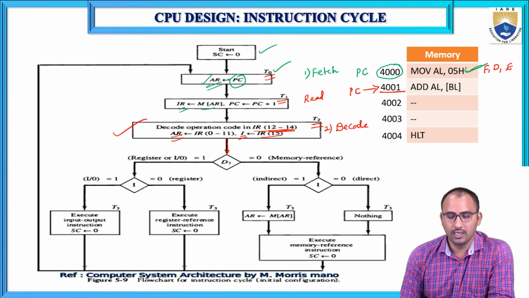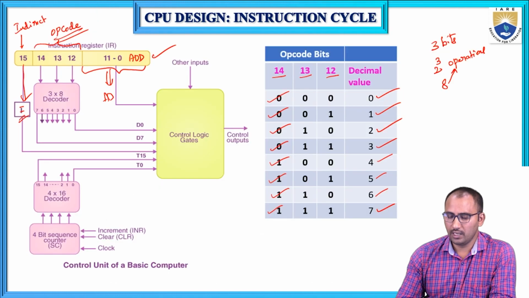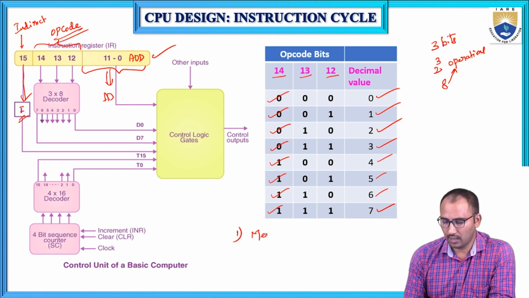Basically, these instructions are classified into 3 types. One is memory reference instructions, second is register reference instructions, and third is input or output reference instructions. So mainly a total of 3 types of instructions are there.